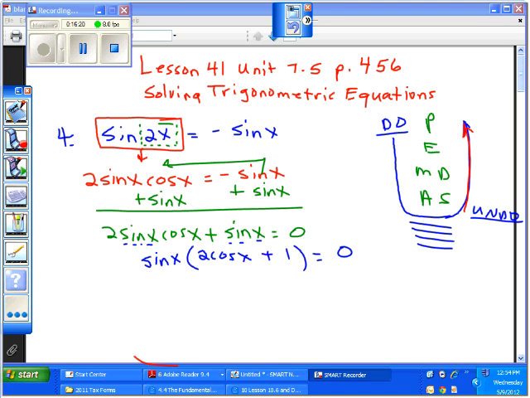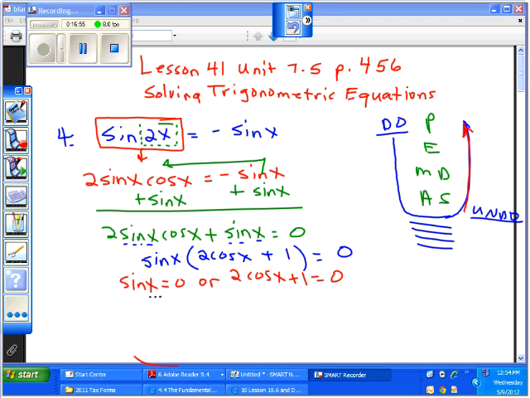So I have sine x times 2 cosine x plus 1 equals 0. And then I would say either the first factor, sine x equals 0, or the second factor, 2 cosine x plus 1 equals 0. I have two things that multiply with an answer of 0, so one or the other of those two must be 0.